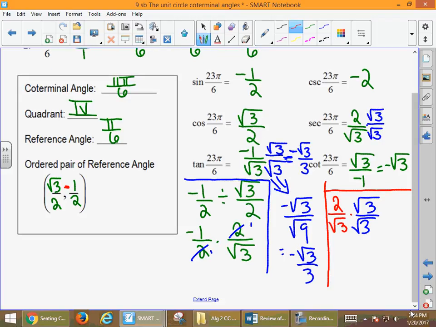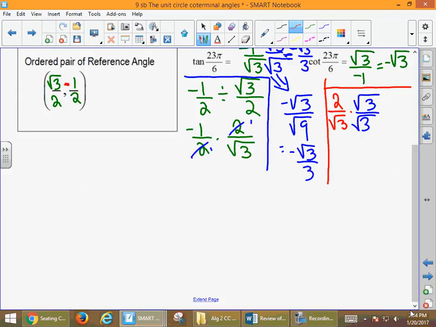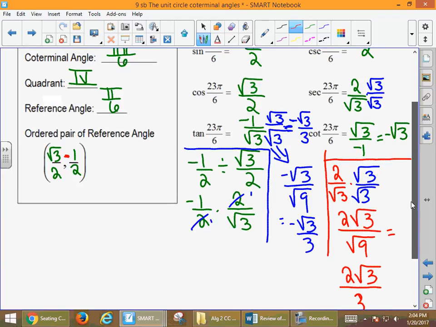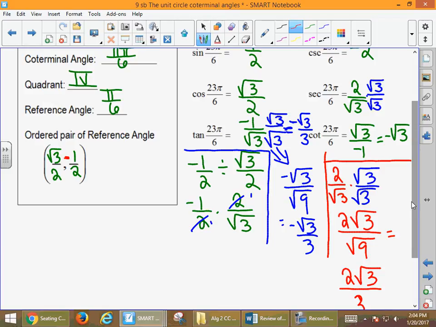We multiply the numerators, the tops together, so we get 2 radical 3. Radical 3 times radical 3 is radical 9, but what's the square root of 9? 3. So our secant value ends up to be 2 radical 3 over 3.